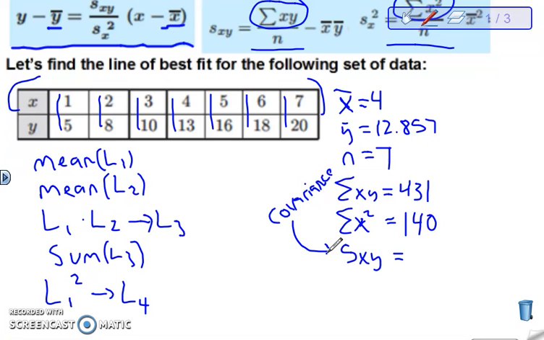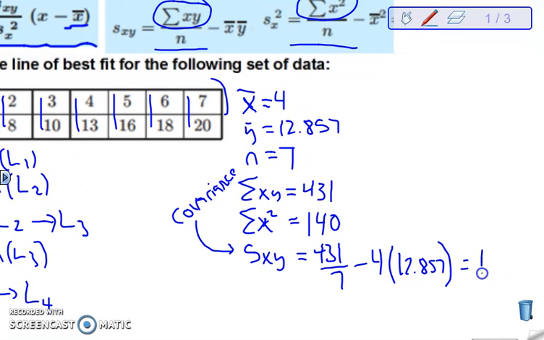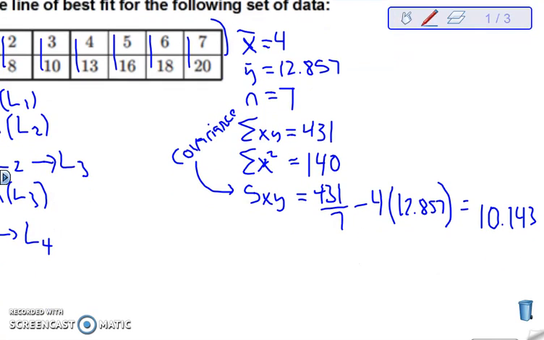So to get this, we're going to take the sum of X times Y, which we said was 431, divided by N, which we said was 7, and subtract out the two averages multiplied together. So 4 times 12.857. And if I do that, it should give me 10.143. Let's kind of keep that number in mind.